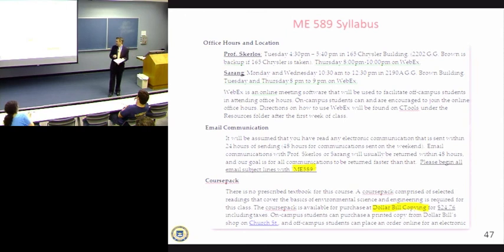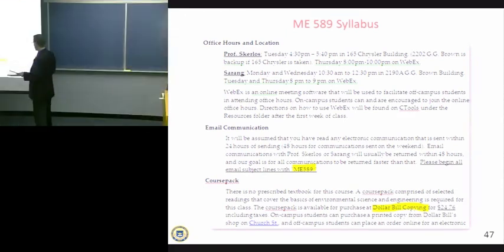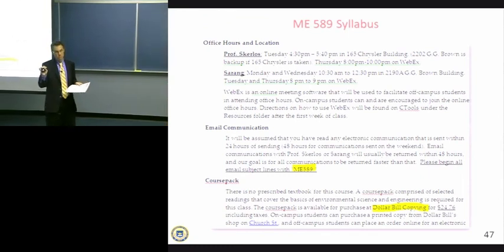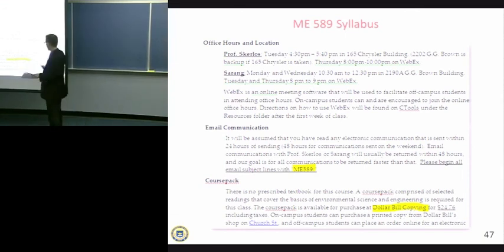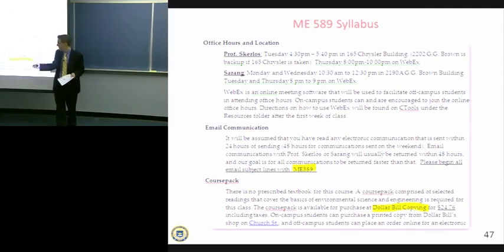Okay, so you can get this at Dollar Bill Copying. It's about $25, as I mentioned. You can go to www.dollarbillcopying.com. Okay, and that's in the syllabus too. Or if you look at the electronic copy of the syllabus, you can just click on it, and you can get it online also. Okay, that's a course pack.